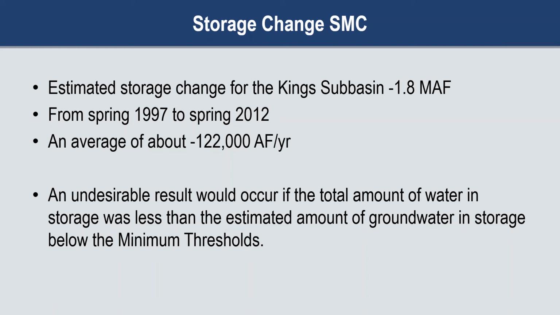So if the storage change drops to below that minimum threshold line, that would be an undesirable result. So as long as the water level stays above the water level minimum threshold, there is not an undesirable result for storage change. So we're using the water level and the water level monitoring network for the water level criteria as well as the storage change criteria.